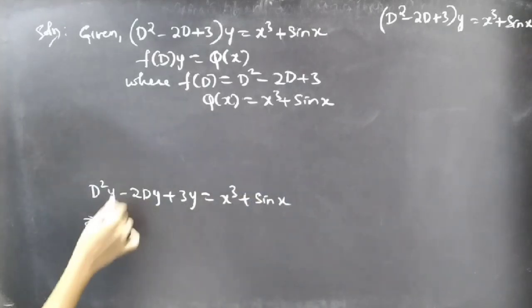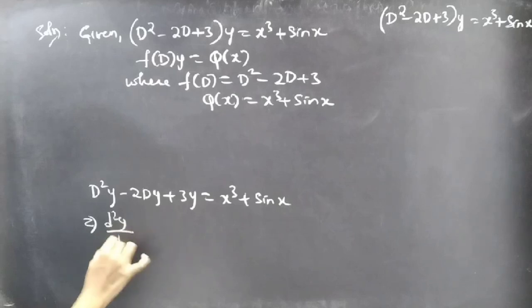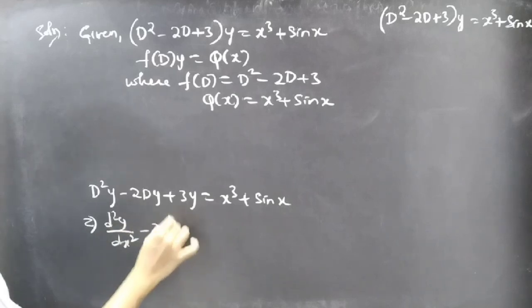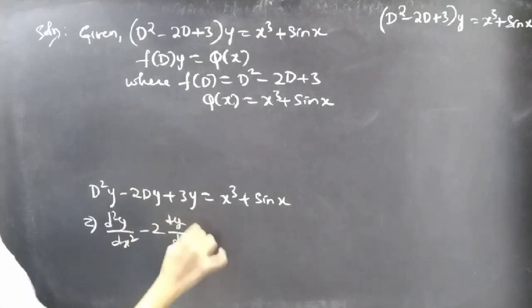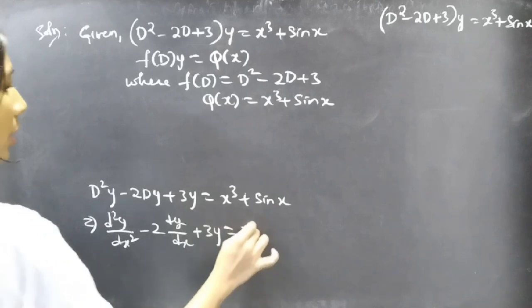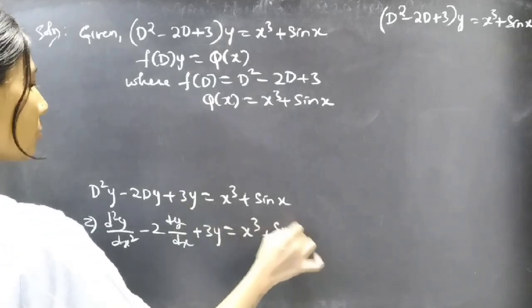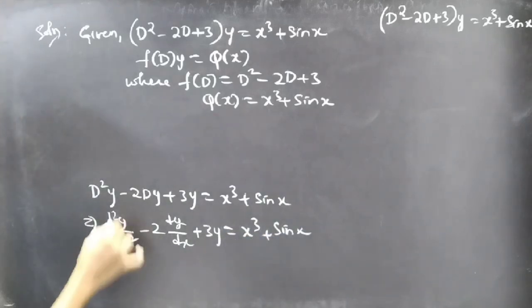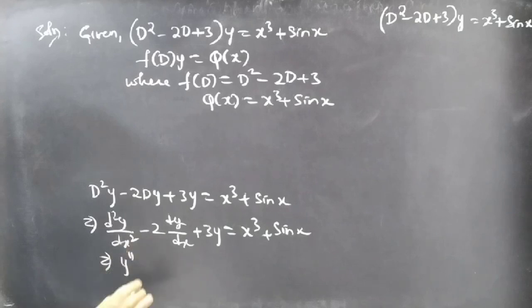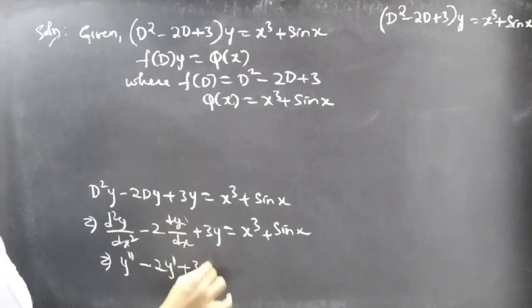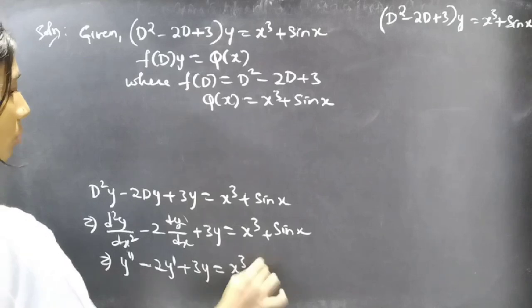And we can write D²y as d²y/dx², minus 2 dy/dx, plus 3y equals x³ + sin x. And d²y/dx² can be written as y'', and dy/dx as y', so y'' − 2y' + 3y = x³ + sin x.